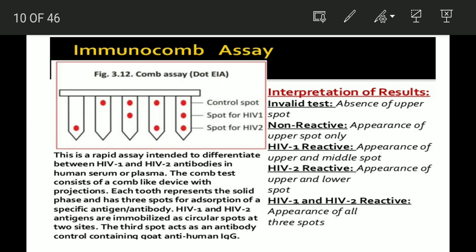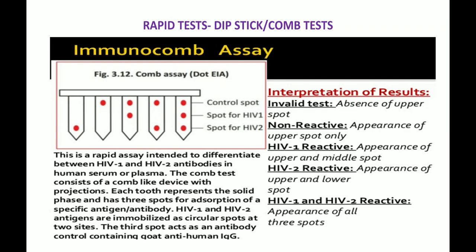This test is carried out by sequentially immersing the comb in wells with ready-to-use reagents. When the comb is incubated with sera containing HIV antibody, these antibodies bind to the antigen present on the comb, and the complex is visualized after addition of the antibody enzyme conjugate and the substrate. So this is how it is seen.